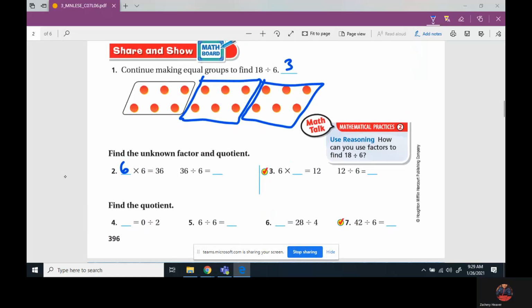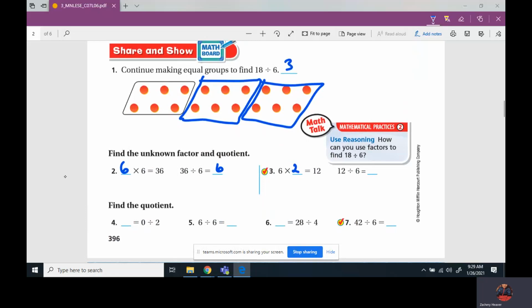fact families. 6. Good. McKenna, 6 times what equals 12? Two.